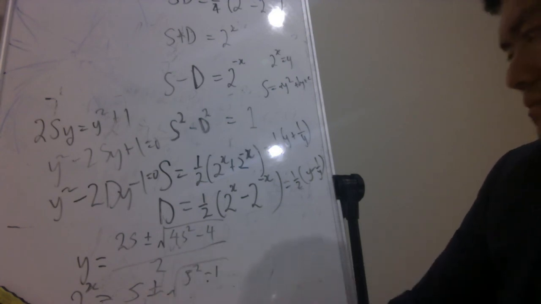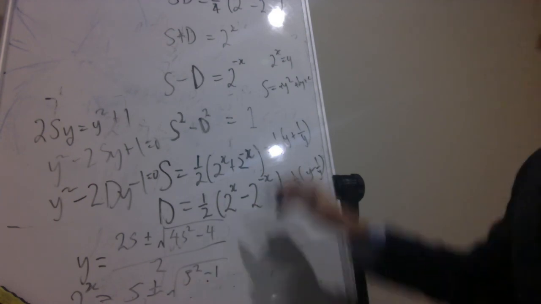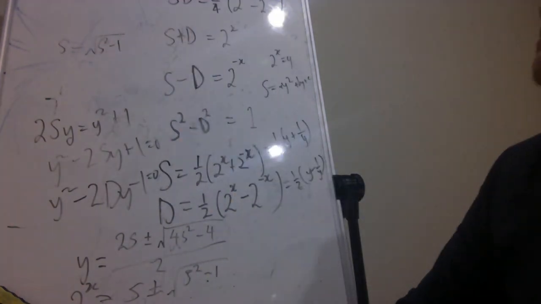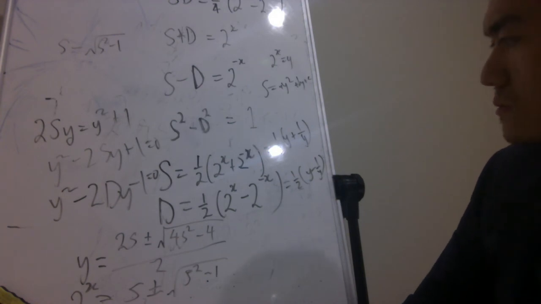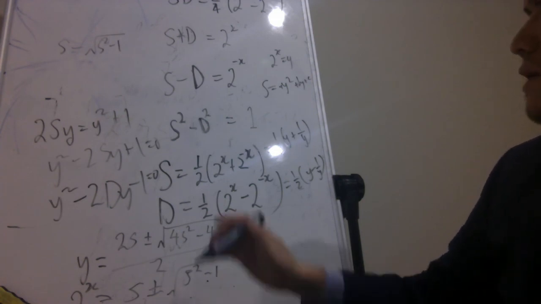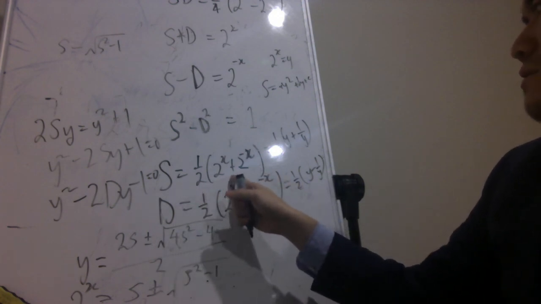So is one of these solutions clearly less than 2? Basically, is s minus the square root of s squared minus 1 less than 2? S is equal to this thing. S is probably always bigger than 2.